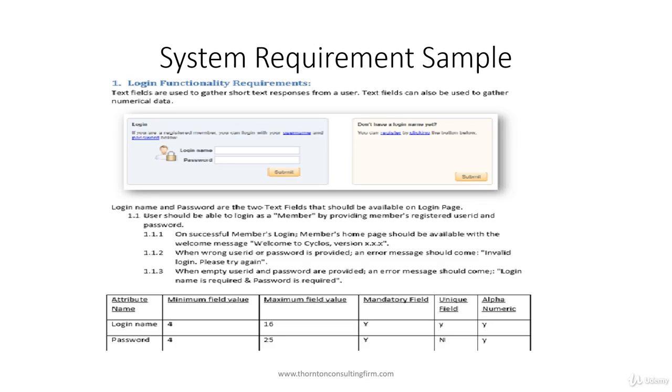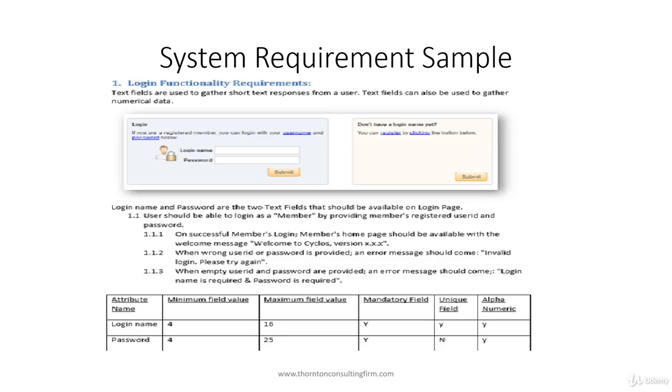So for example, in requirement 1.1.1, on a successful member login, the home page should display the welcome message. It says welcome to Cyclo's version with the version number. In requirement 1.1.2, when the wrong user ID and/or password is provided, the user should receive an error message.